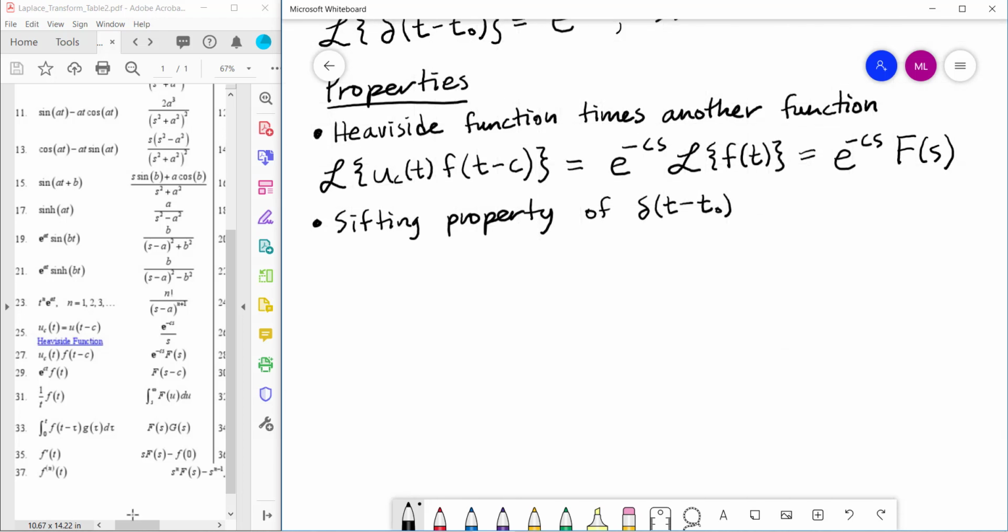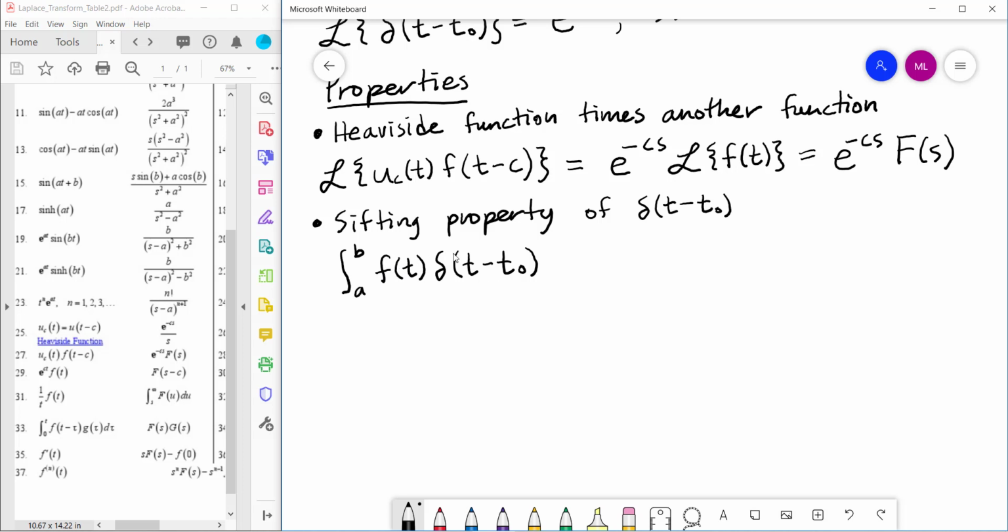The idea is that if you integrate from a to b some function f of t times the delta function t minus t naught, think about what it means to multiply these two functions together. We know that this function's 0 basically everywhere, and then it's infinity exactly at t equals t naught. Whereas this function could be any other function that we want to talk about.